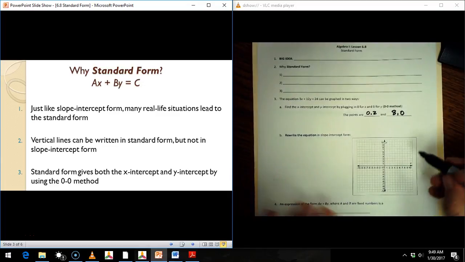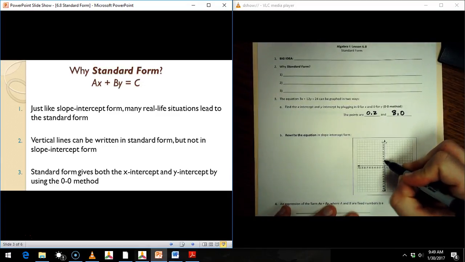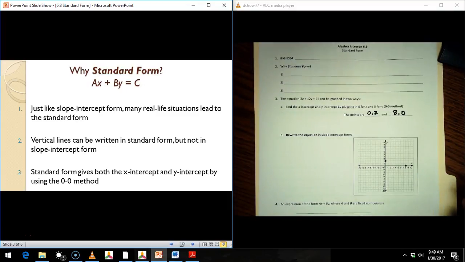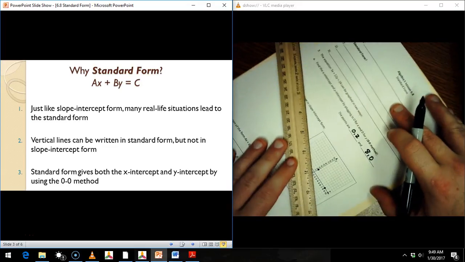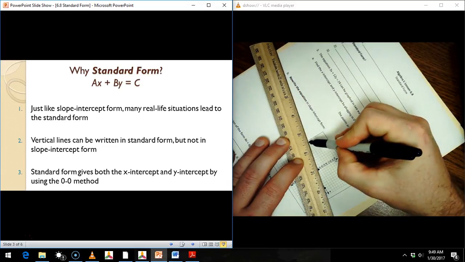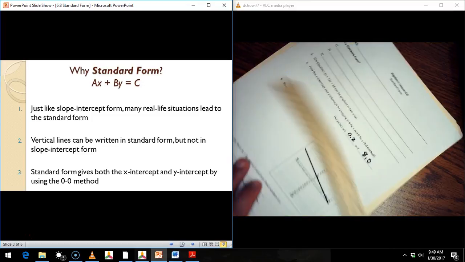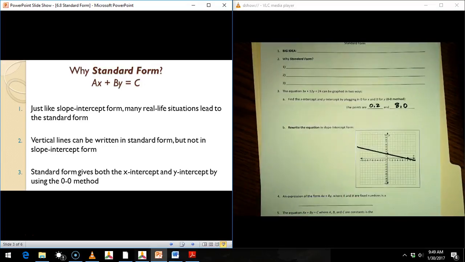So I plug those in right here. There's 8, 0. There's 0, 2, and you can take your straight edge, and you can draw your line right through there. So there would be your line for the equation 3x plus 12y equals 24.